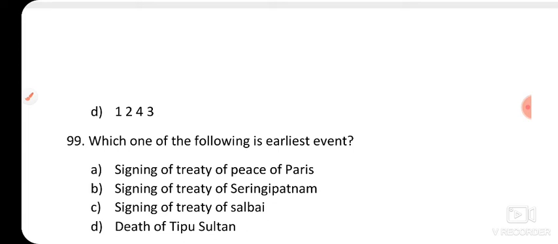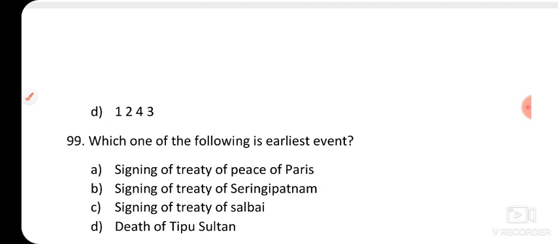Question number 99. Which one of the following is the earliest event? Option A, signing of Treaty of Peace of Paris. Option B, signing of Treaty of Seringapatam. Option C, signing of Treaty of Salbai. Option D, death of Tipu Sultan. The earliest was the Peace of Paris. The Battle of Wandiwash happened earlier.